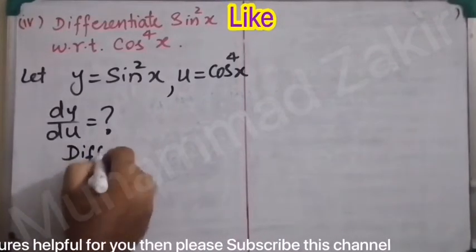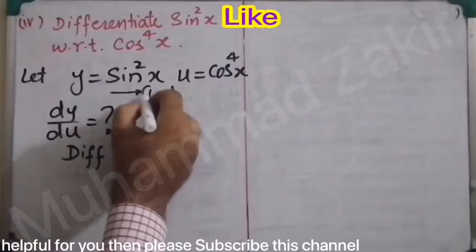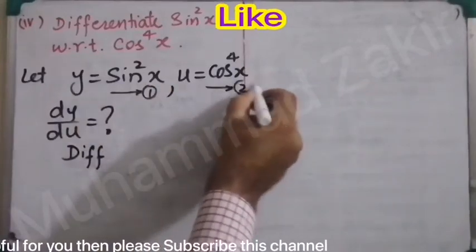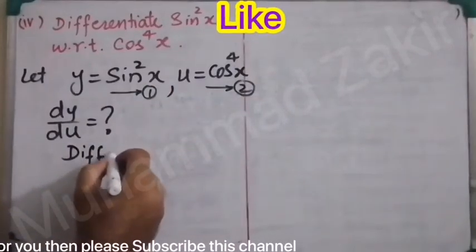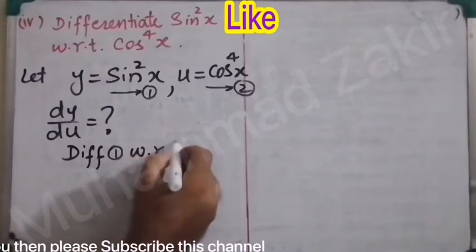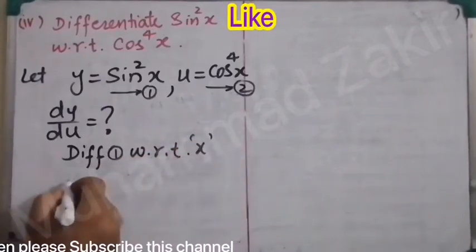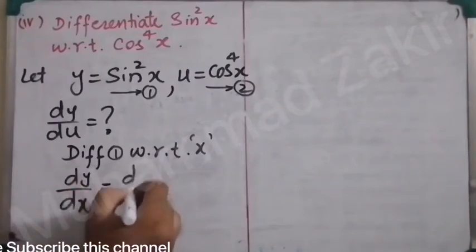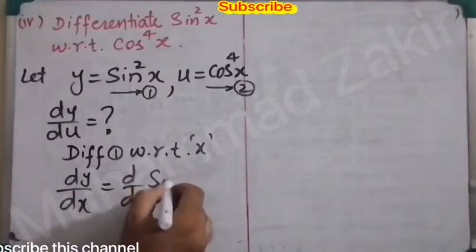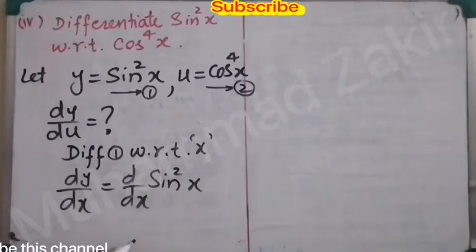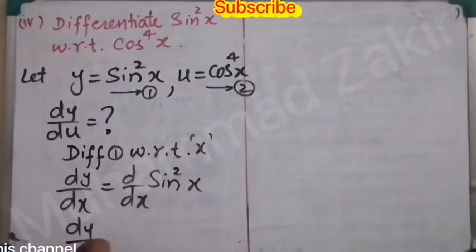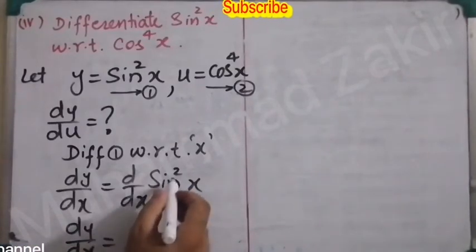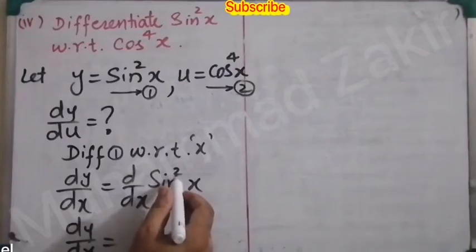Let us name these 1 and 2, and differentiate 1 with respect to x. For that we apply d by dx on the left side and d by dx on the right side of 1. Look at it, students. Dy by dx on the left hand side; here we apply the power rule.